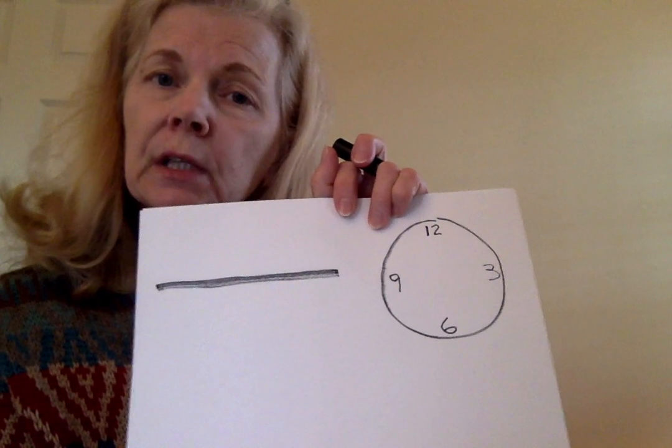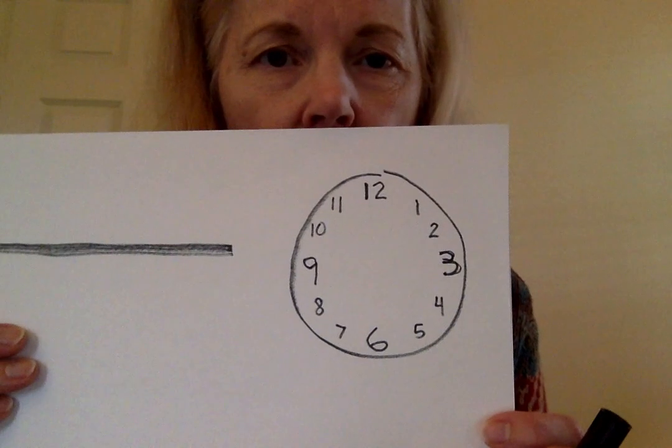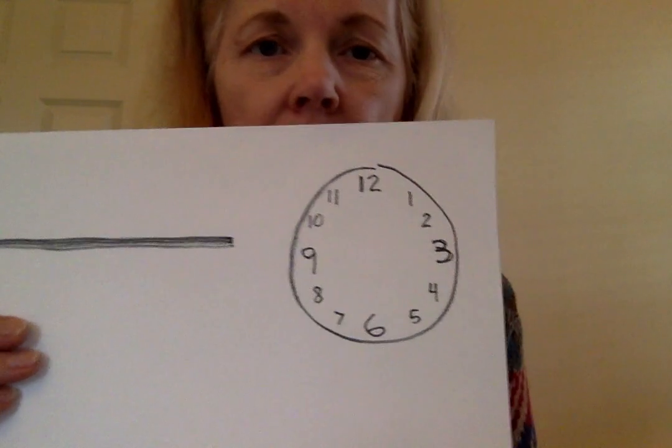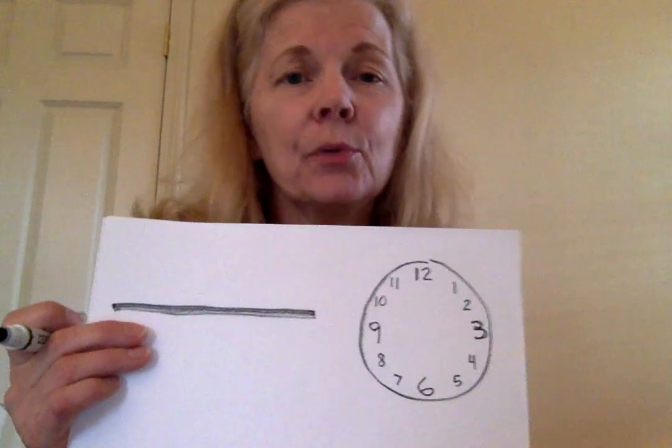Now, I'm going to just fill in my other numbers, and you do the same. So now I have the hours on the clock, and I'm going to use that to help me solve a problem on elapsed time. Boys and girls, elapsed time is time that has passed, time that's gone by.